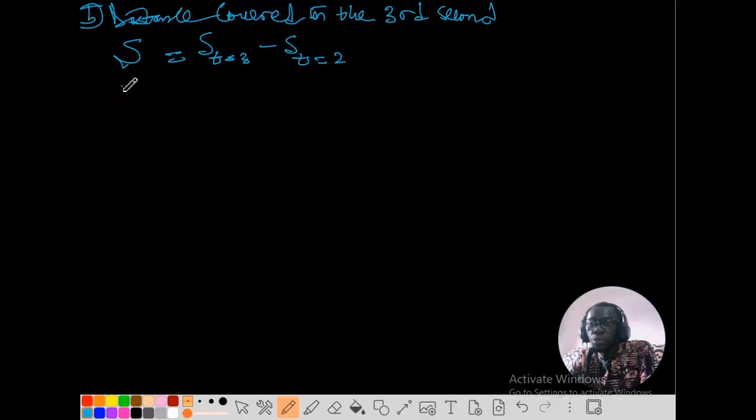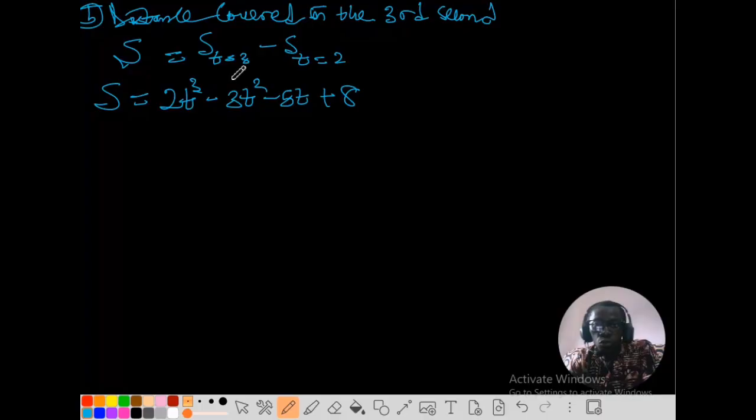Now the expression for the distance is given directly in the question as x equals 2t raised to power 3 minus 3t squared minus 5t plus 8. So anywhere we see t here, we just solve this twice, when t equals 3 and when t equals 2.